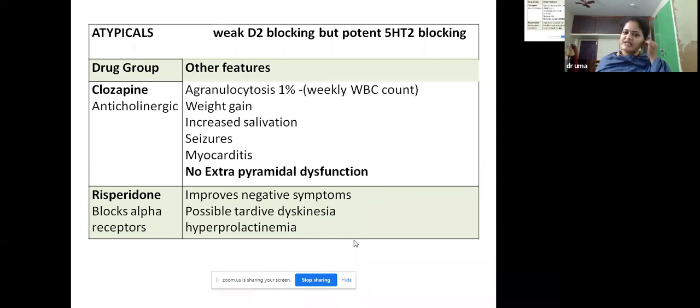Agranulocytosis and myocarditis are the most common side effects of clozapine, but it does not produce any EPS. Risperidone is one of the atypical agents which causes hyperprolactinemia. Usually atypicals will not cause hyperprolactinemia, but risperidone does.